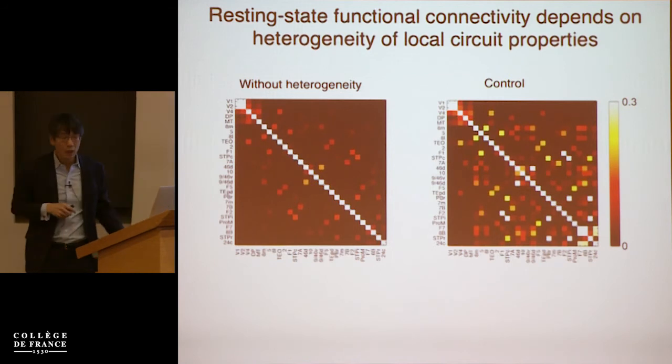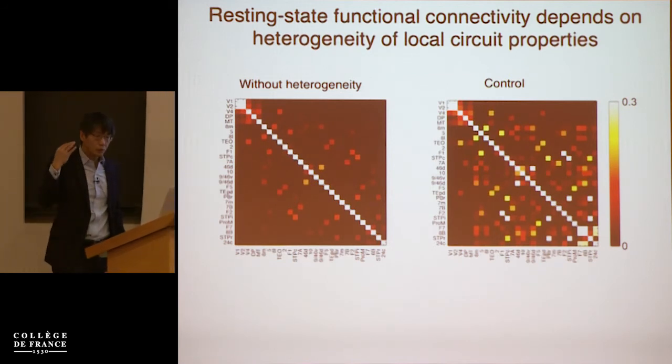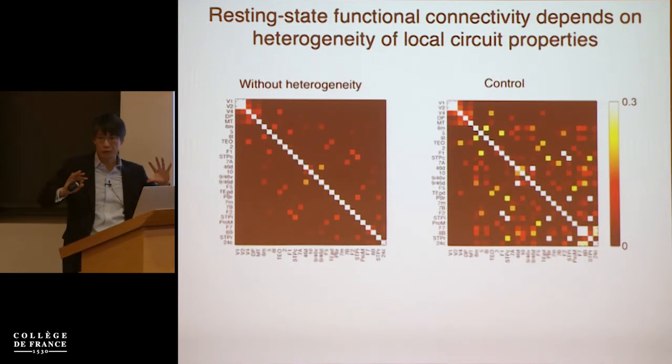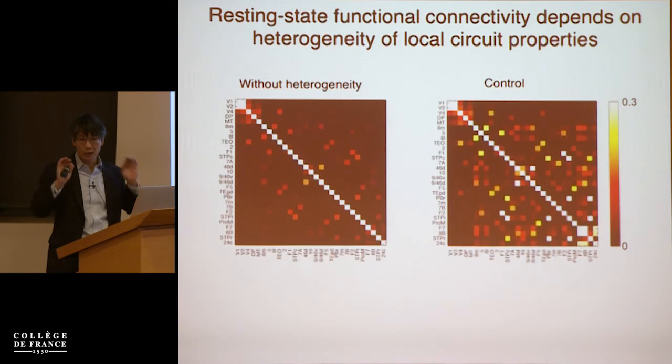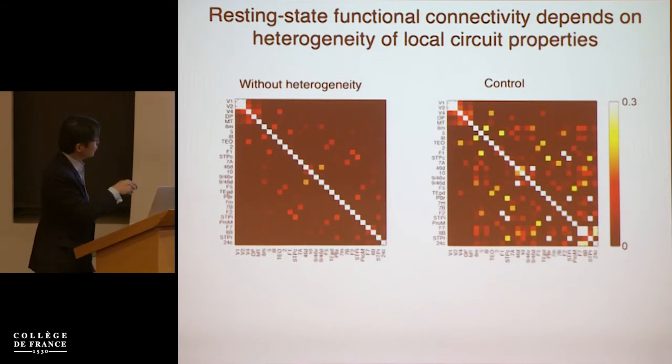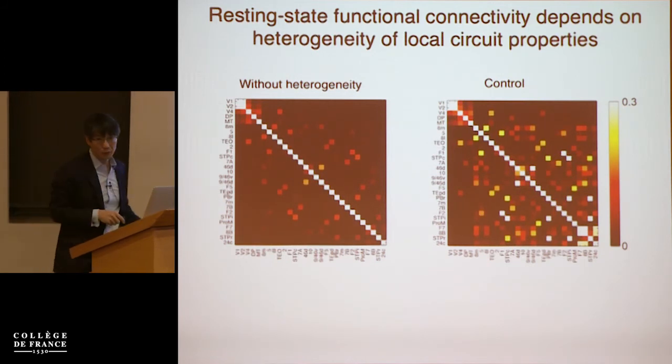Does that make sense? Now, if we did the same simulations, but now assuming there is no macroscopic gradient, in that case, you still have the same long-distance connectivity matrix, but the areas are identical, are the same nodes. And that's what you get on the left. And it's very different from the control case.